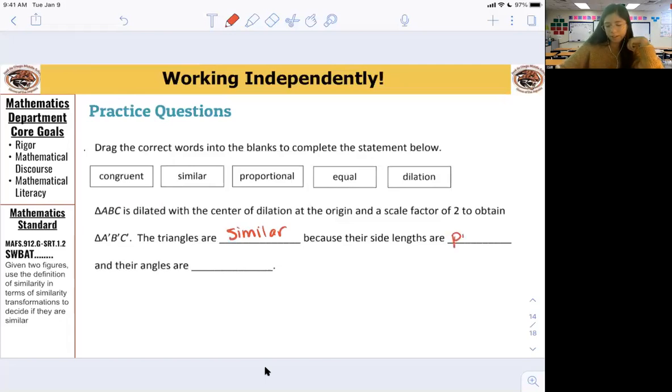Very good. And their angles are equal, or what else could you have put there? Similar. No. Careful. Congruent. Yeah. Equal or congruent.